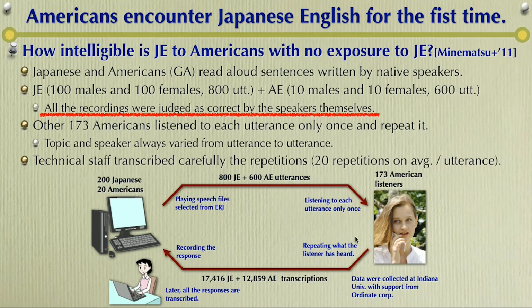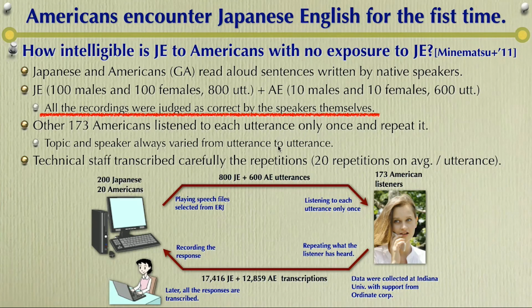Their repetitions are then transcribed. For this experiment, we prepared 800 Japanese English utterances and 600 American English utterances as control stimuli. All the Japanese English recordings were judged as correct by the speakers themselves.